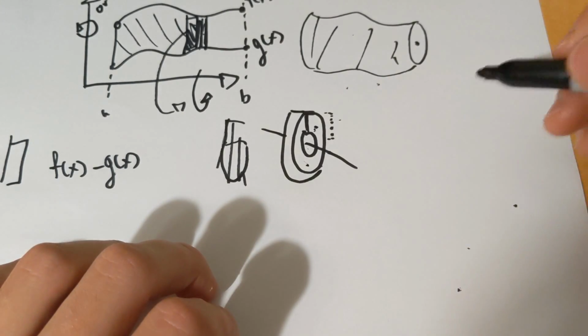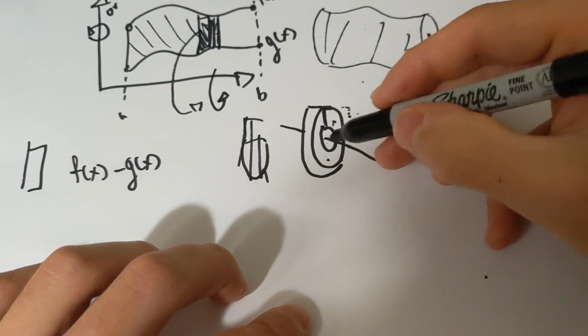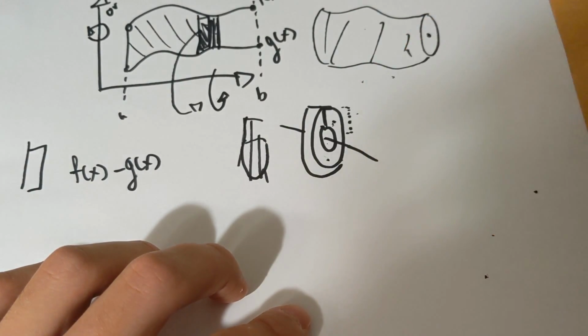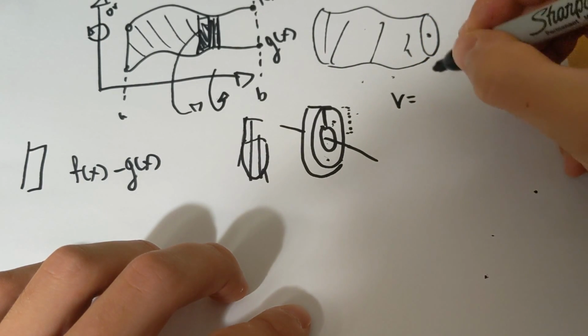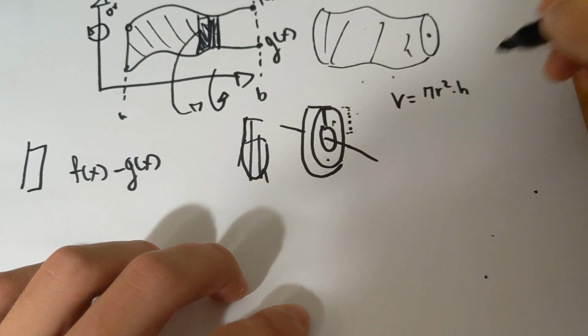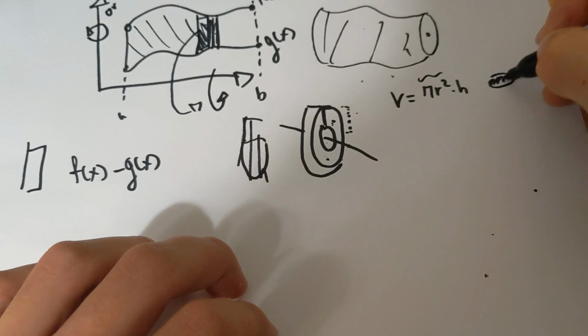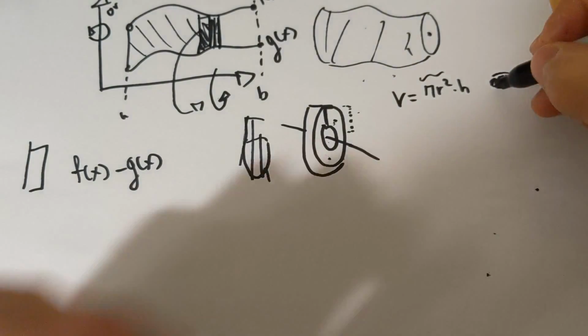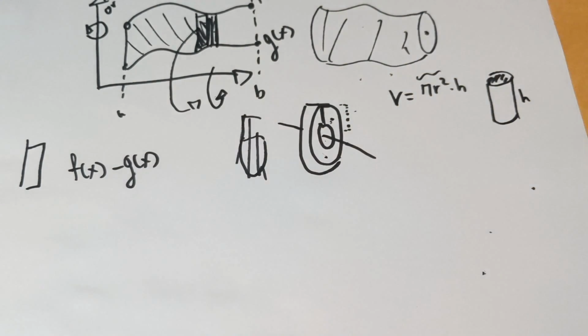Okay, so how do we find this volume? Well, what's the volume of a cylinder first off? The volume of a cylinder is pi r squared multiplied by h. So pi r squared is the face of the circle, and it's just being multiplied by h, the height.